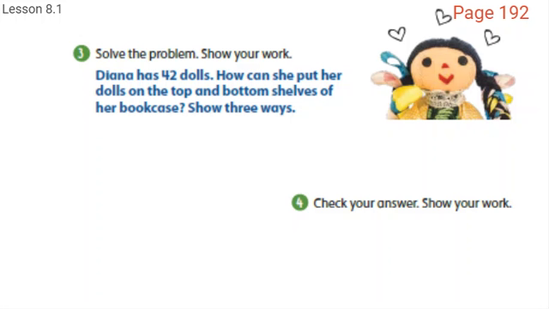Now on page 192, solve the problem. Show your work. Okay, here we go. Diana has 42 dolls. How can she put her dolls on the top and bottom shelves of her bookcase? Show 3 ways. Let's look at this again. So there's 2 different layers of her bookcase.